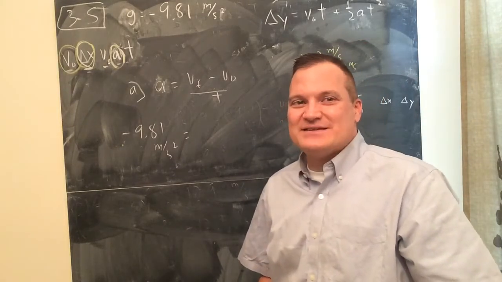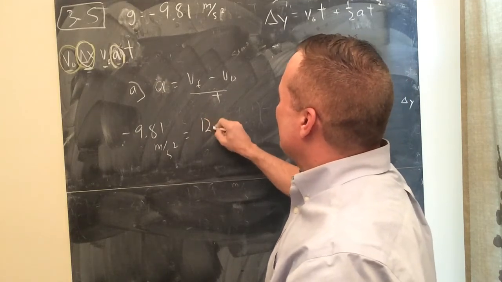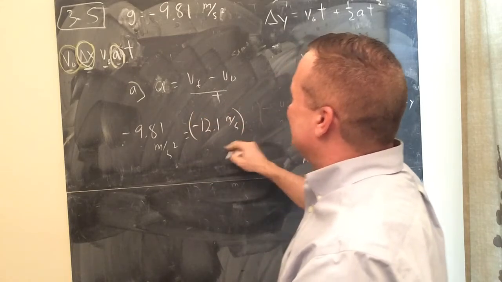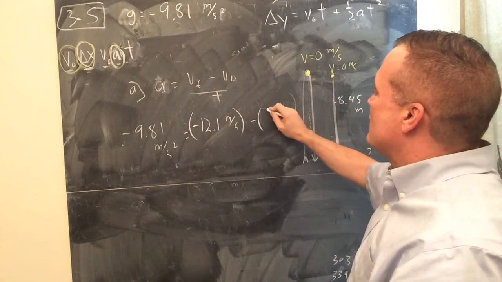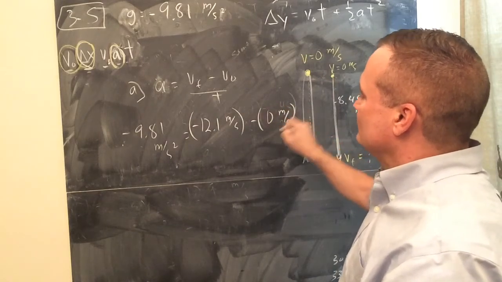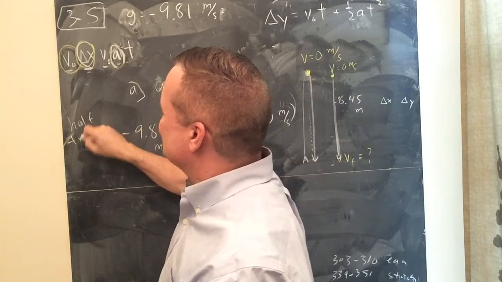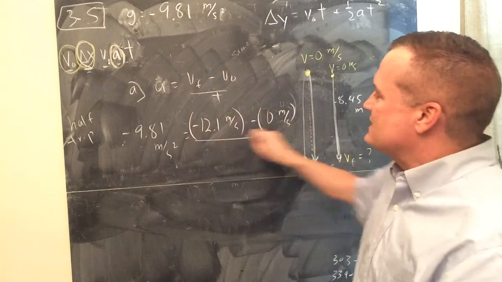If it wasn't, then I'm sorry, but I can't run back my video to see. 12.1 meters per second negative. If it was something else, then put in the number there. I think it was 12 something. Minus the initial velocity, which is 0 for the half trip. I'll call it the half trip, just the falling down part. Initially was 0. Final was negative 12.1.